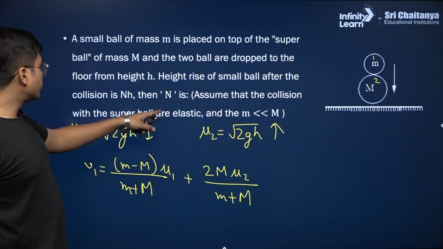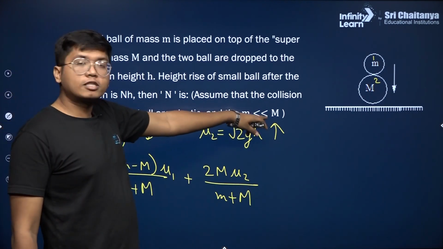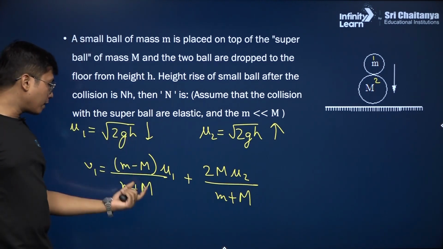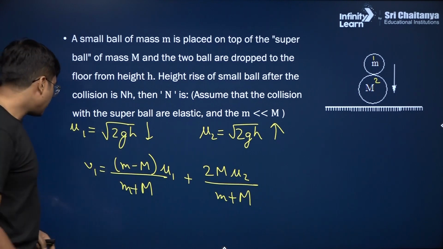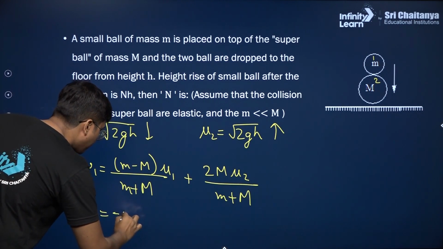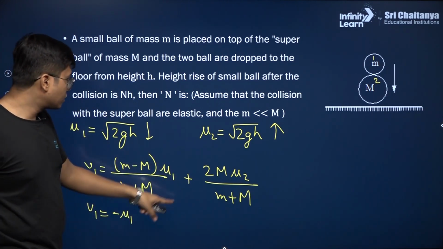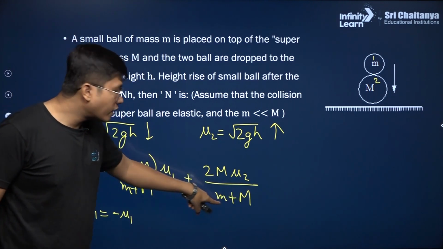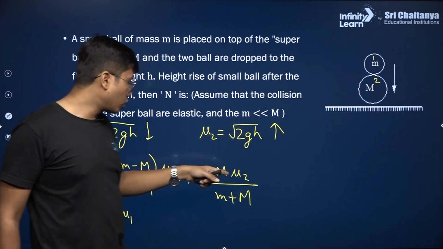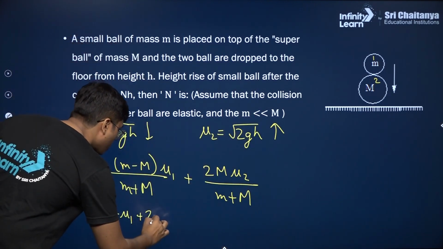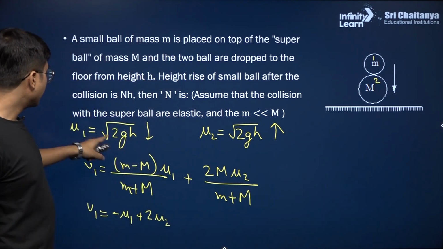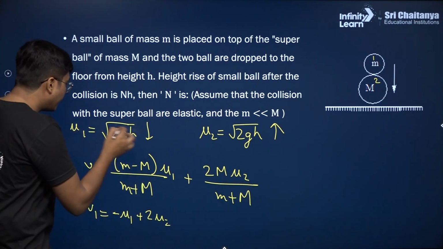Now with regards to this, they have said that we assume that small m is much less than capital M, which means this part is just going to be minus M and this part is just going to be plus M. So you essentially have V1 is equal to minus U1 plus, over here, again the lower part is just capital M, because capital M plus small m gives you capital M if capital M is much greater than small m. So this becomes plus 2U2, right? Now you want it moving in the upward direction, which means this U1 is actually negative.